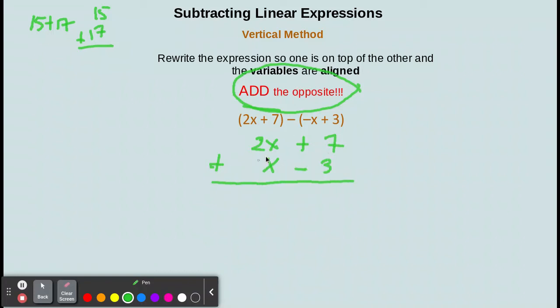So we're going to add in columns: 7 plus a negative 3 is a 4. And 2x plus x is 3x. So our answer becomes 3x plus 4. Remember, you add the opposite.